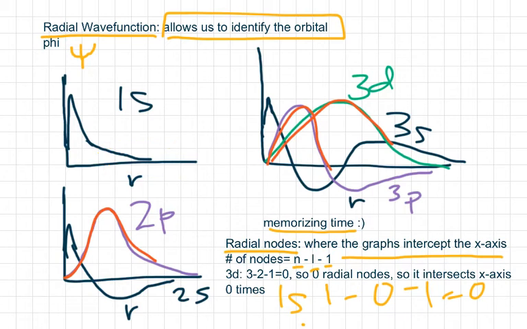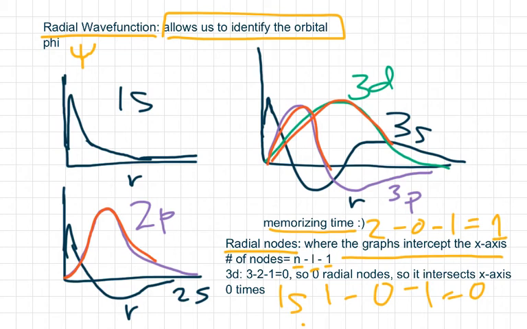It never intersects, as you can see. It just levels off and never touches the x-axis, so it's asymptotic to the x-axis. Now let's find the number of radial nodes for the 2s sublevel. It starts with 2, and then we subtract s, which is 0, minus 1, and we get 1 node for the 2s.